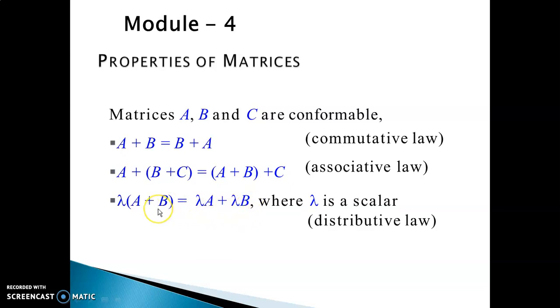You will get the same value. So these three laws are satisfied by the matrices. The first one is the commutative law, the second one is the associative law, and the third one is the distributive law.